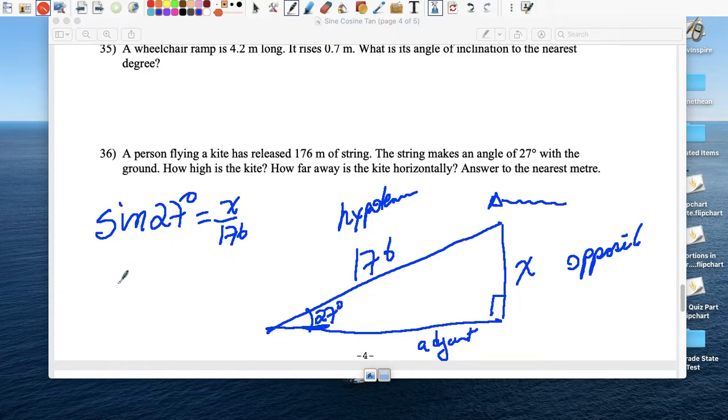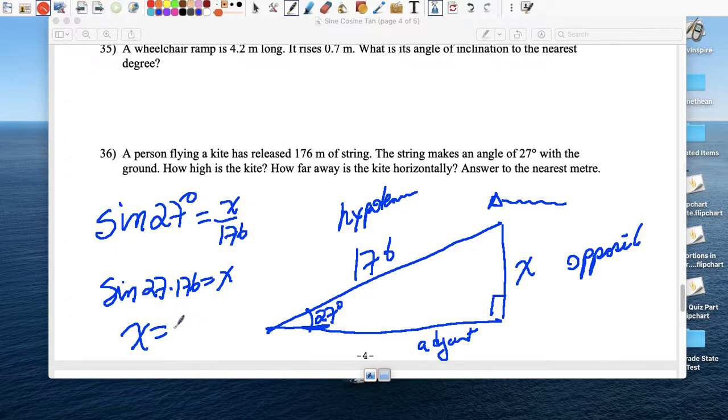Cross multiply, we get sine of 27 times 176 equals x. Sine of 27 is 0.4539905. Then you can multiply that times 176.